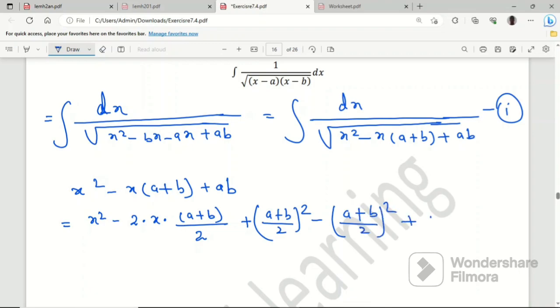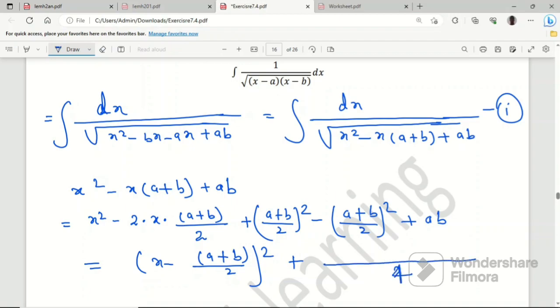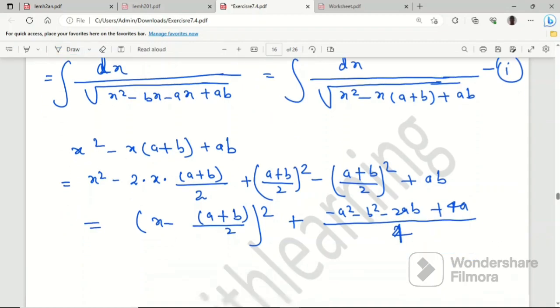So I'll get x minus (a plus b upon 2) whole square, minus plus, I'm writing here 2, I have taken 4 as the LCM from these two expressions. So it will give me, I'm opening it up, a squared minus b squared minus 2ab plus 4ab. I have taken the negative inside, just to make it easier.